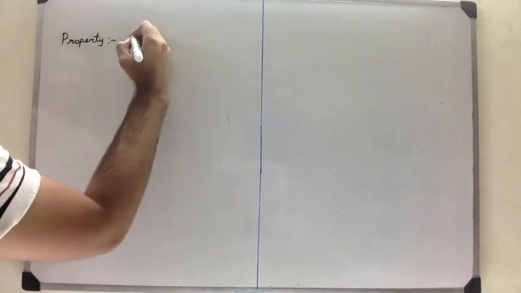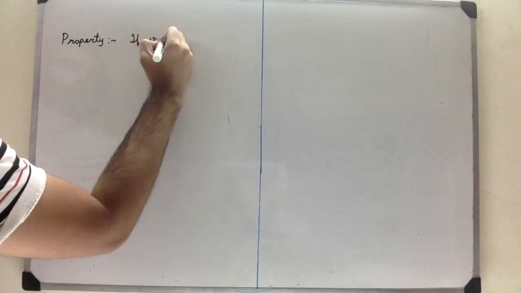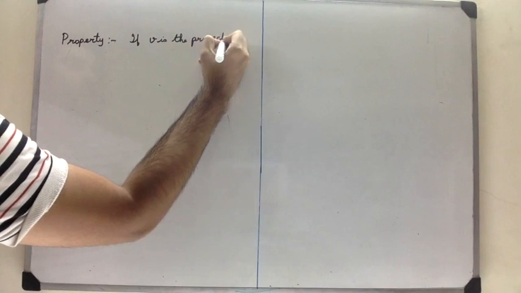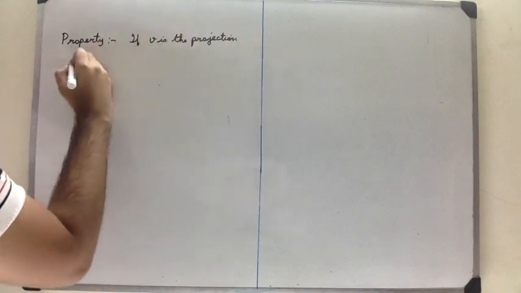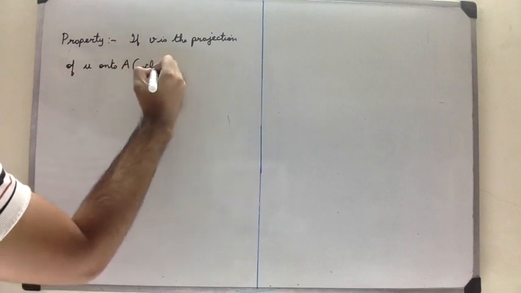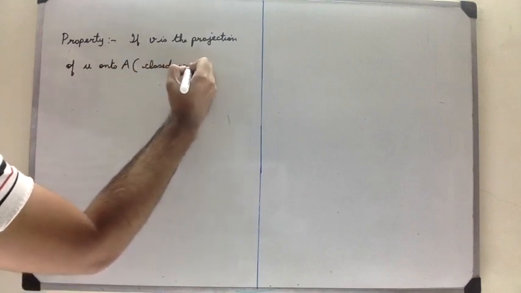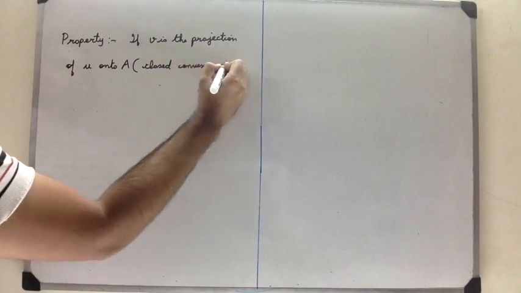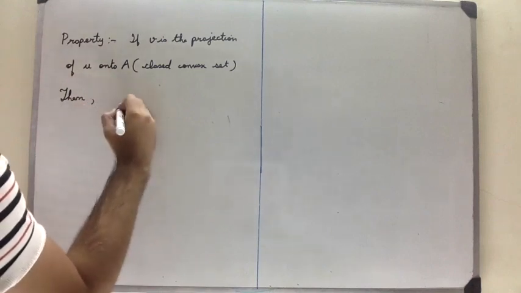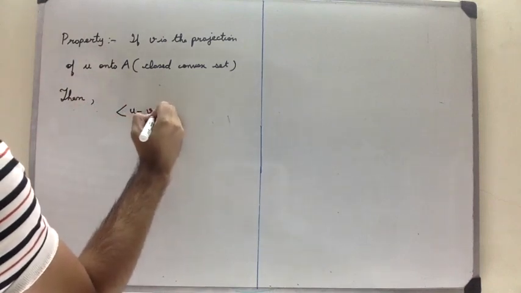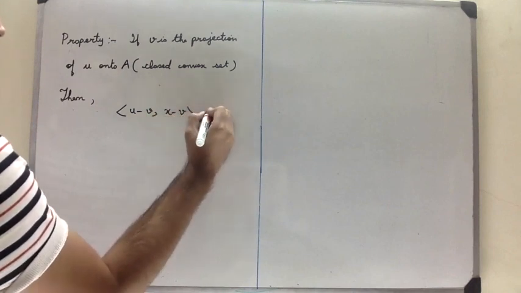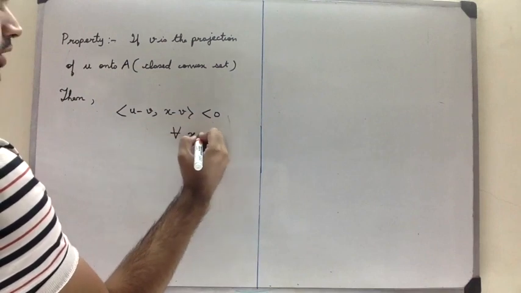So the property is this: if V is the projection of U onto A, which is a closed convex set, then the inner product of U minus V and X minus V is less than or equal to 0 for all X element of A.